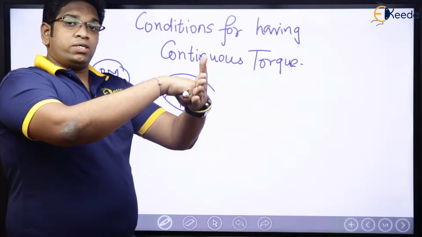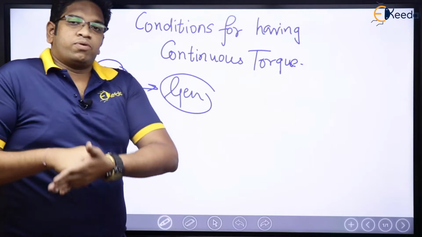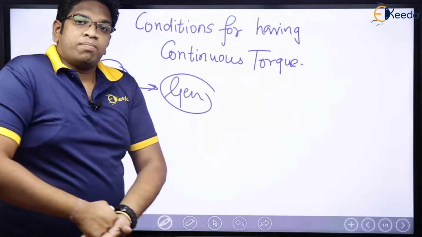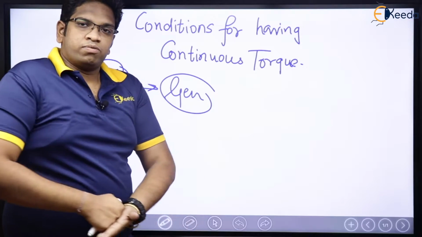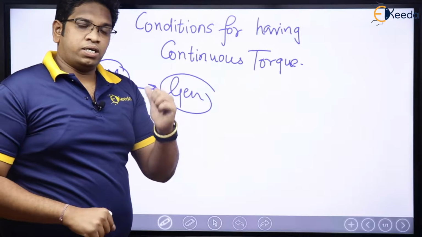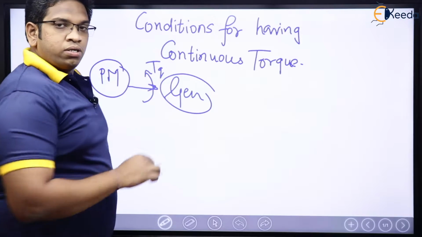Beyond this opposition, I am going to apply torque, so that mechanical power will be delivered by the prime mover. Now, opposition from the generator means what? Generator torque.